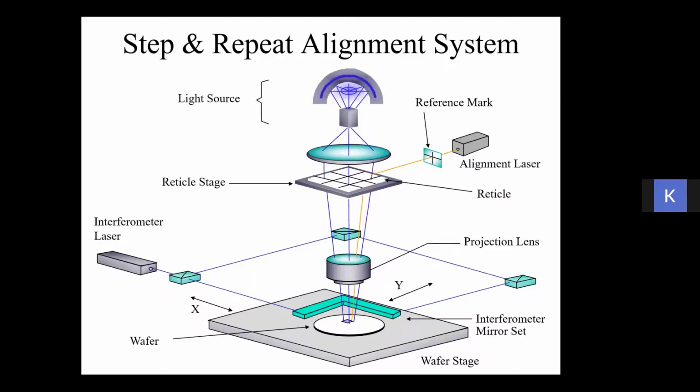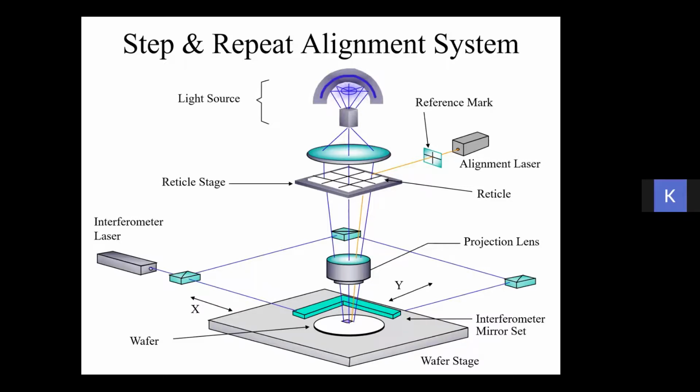So this is the main schematic of the thing. You have the interferometer laser system for the alignment, because this movement of the wafer stage has to be very precise. Otherwise, there may be overlapping of the designs one over the other, and that will destroy the whole thing. And also it may happen that it has moved a bit more, and some region of the wafer will not be exposed.